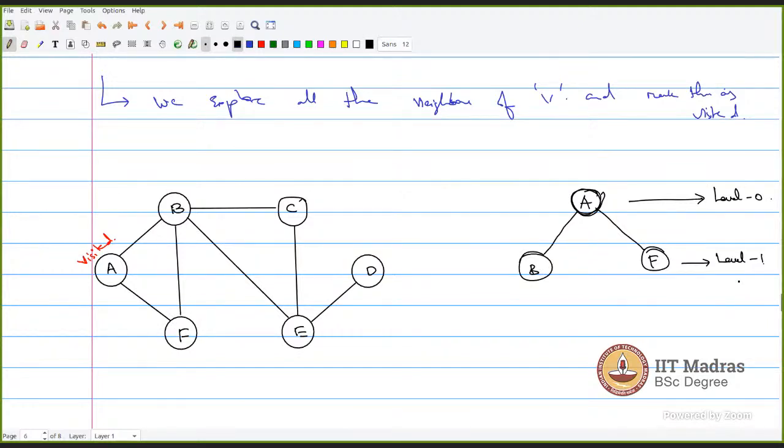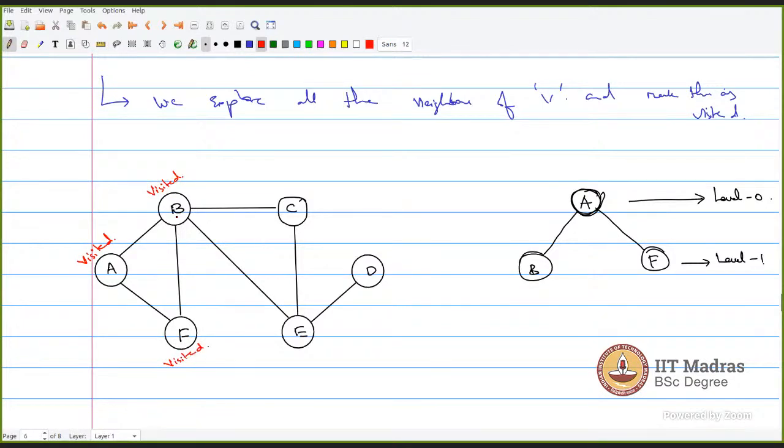Now what I do is, I will take randomly one of B and F. So I take B, I mark this as visited, and also F as visited.